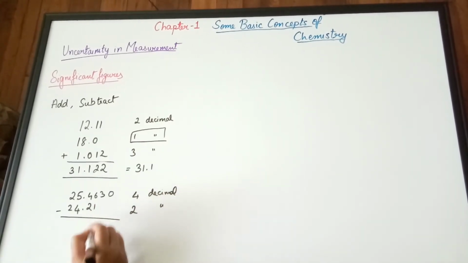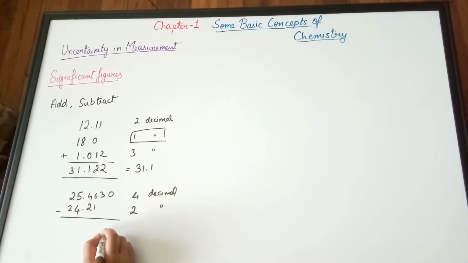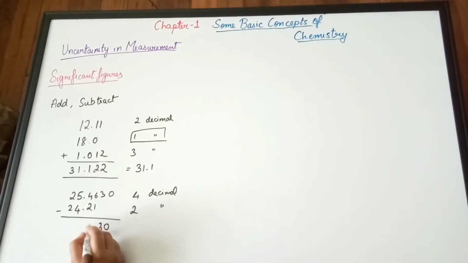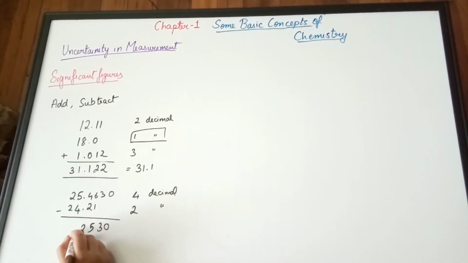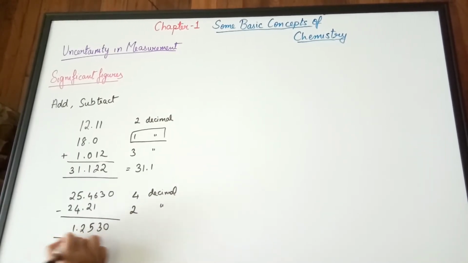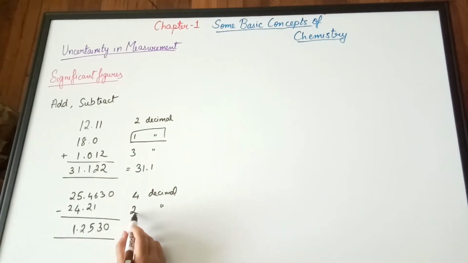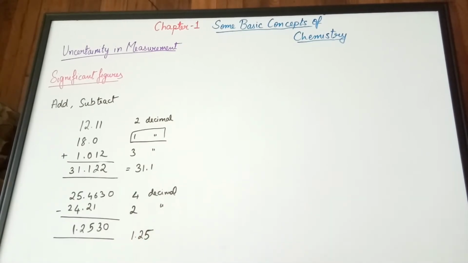We'll first calculate, and the answer is 1.2530, but because you have the number of decimal places as 2, you will instead write it as 1.25.